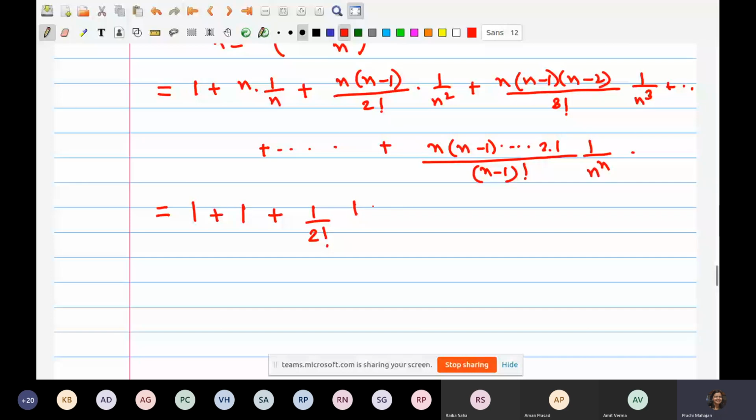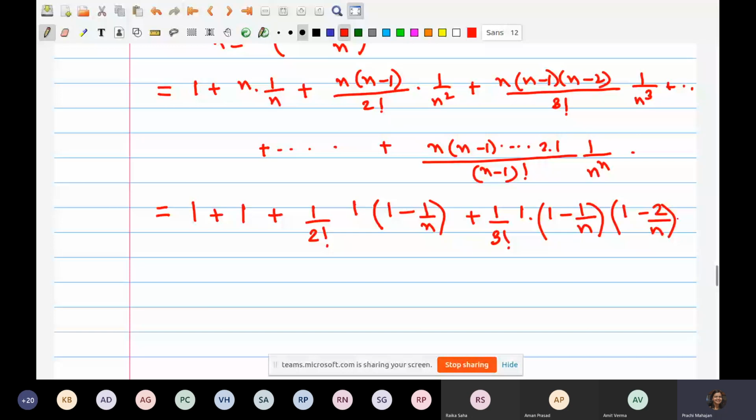Likewise, the next term would be 1 by factorial 3 as it is, times n by n, which is 1, n minus 1 by n, which is 1 minus 1 by n, and n minus 2 by n, which is 1 minus 2 by n. Continuing like this, what do I get?